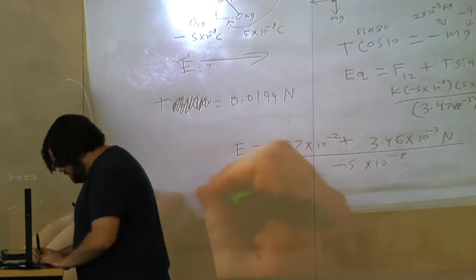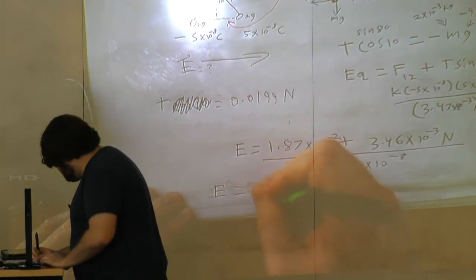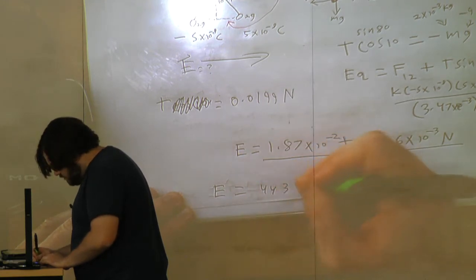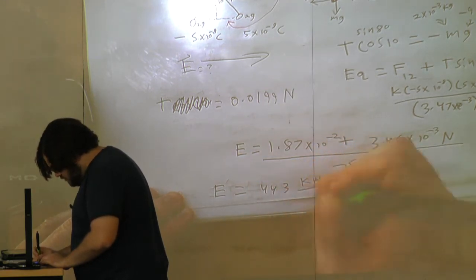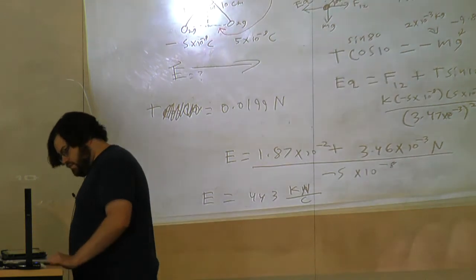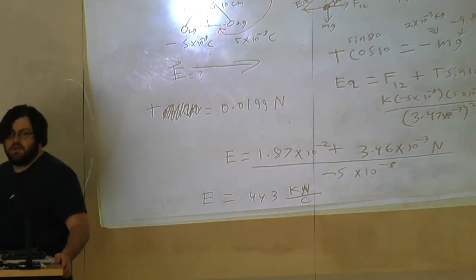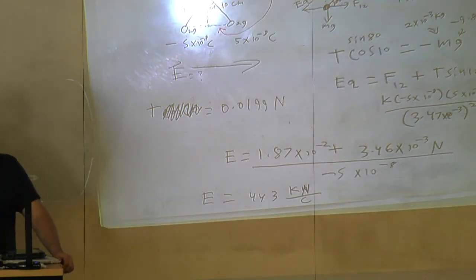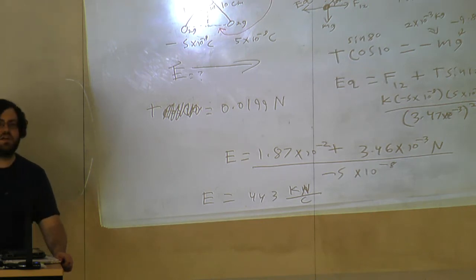But the answer that we get is 443 kilonewtons per coulomb. All right. Raise your hand if you got the same answer that I got. Raise your hand if you finished the problem but you got a different answer. Okay. Raise your hand if you have any questions.